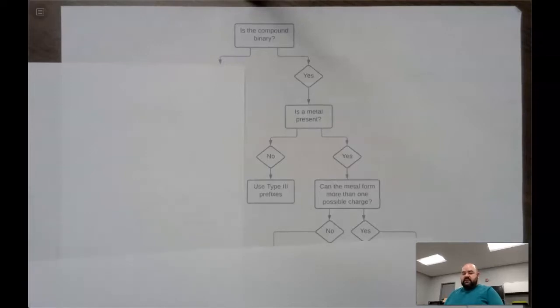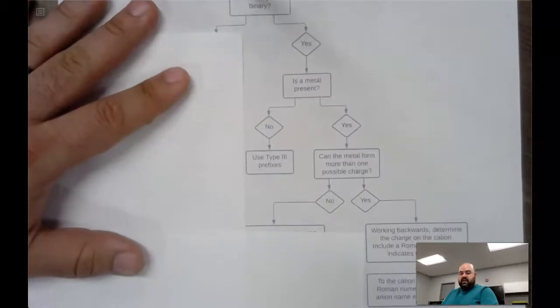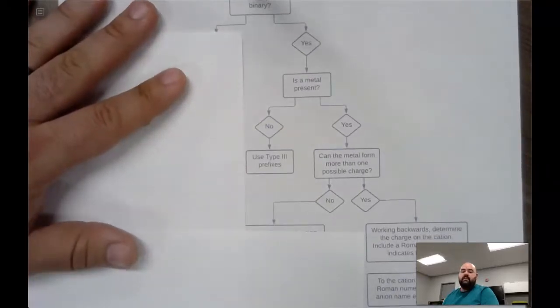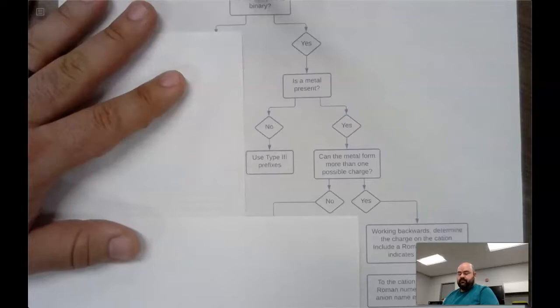If the answer is yes, then working backwards, you determine what the charge is on the cation, the metal, and you include the Roman numeral that indicates the charge. Then, to that cation name with the Roman numeral, you add the anion name with the "ide" ending, like copper 2 chloride or tin 4 oxide.